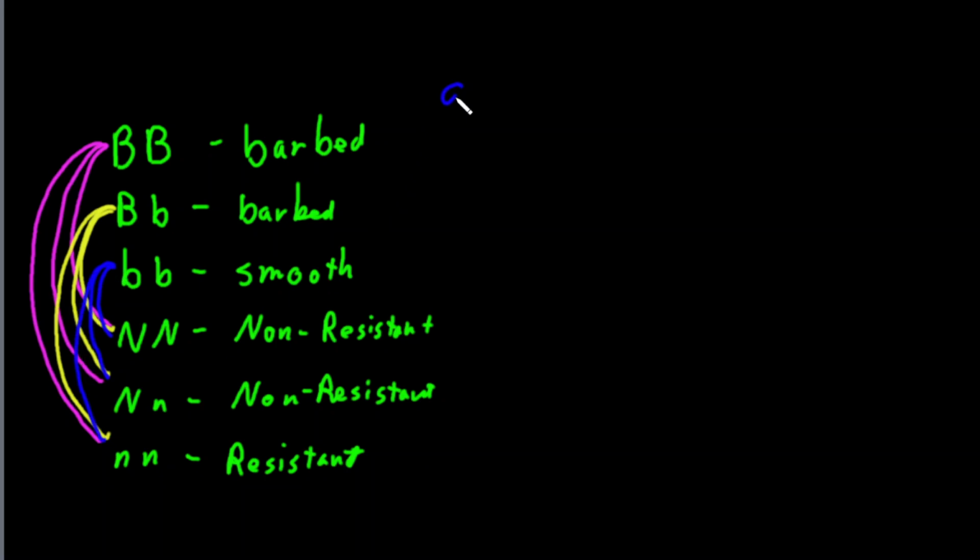So you can see that there are a total of 9 different genotypic combinations. So 9 possible genotypes.